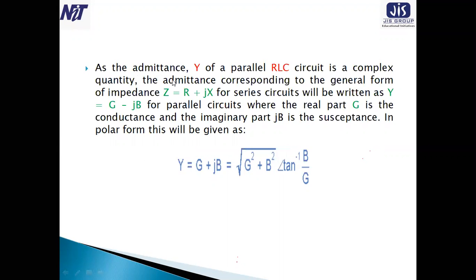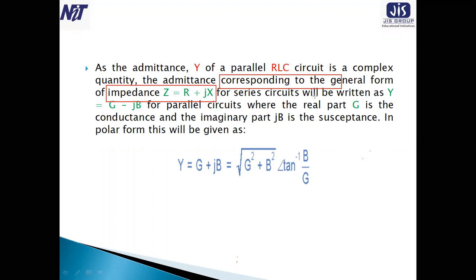Now, the admittance Y of a parallel RLC circuit is obviously a complex quantity. The admittance corresponds to the general form of the impedance, that Z equals R plus jX for an AC circuit. For DC it is only R, but for Z it is R and X, resistance and reactance. With the RLC circuit there is the question of XL and XC, so you have to consider everything here.